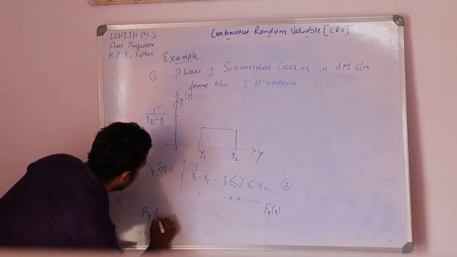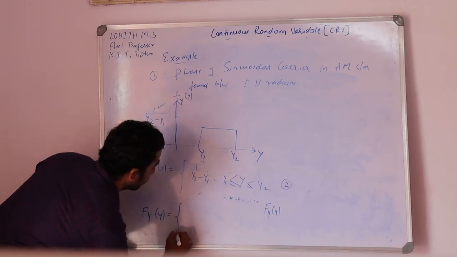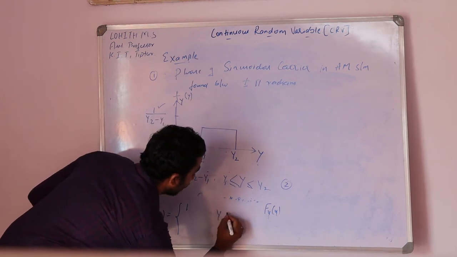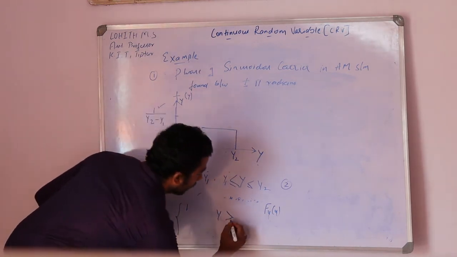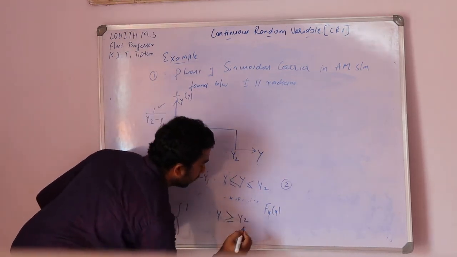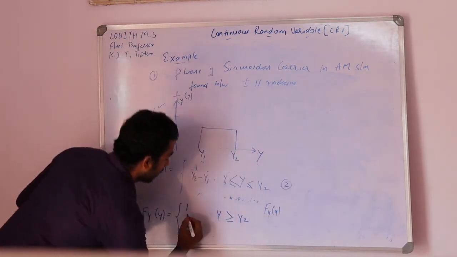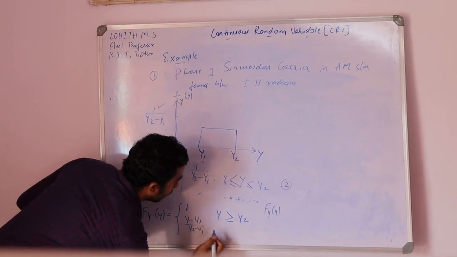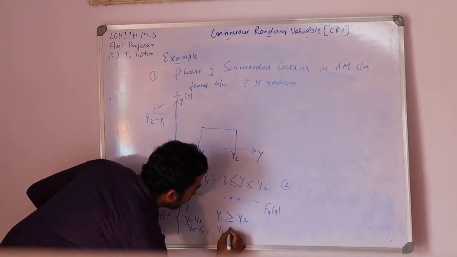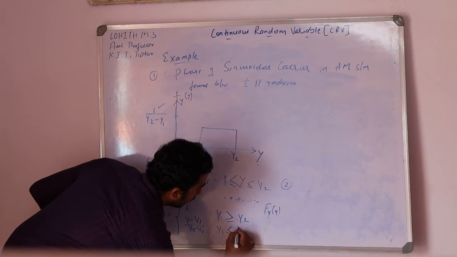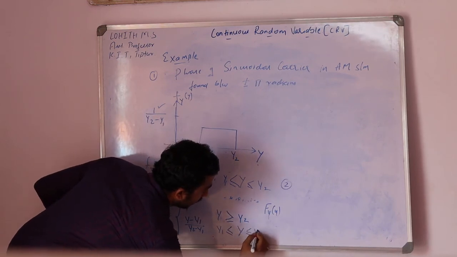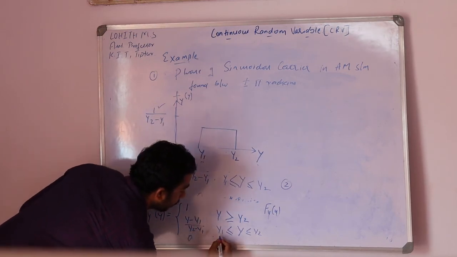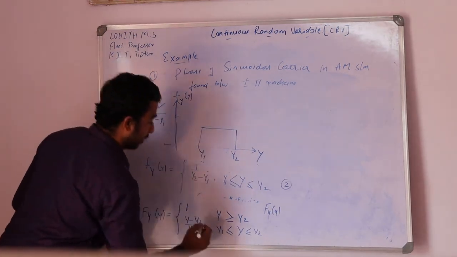F y of y is equal to 1 for y greater than or equal to y2, y minus y1 divided by y2 minus y1 for y1 to y2, and 0 for y less than y1.